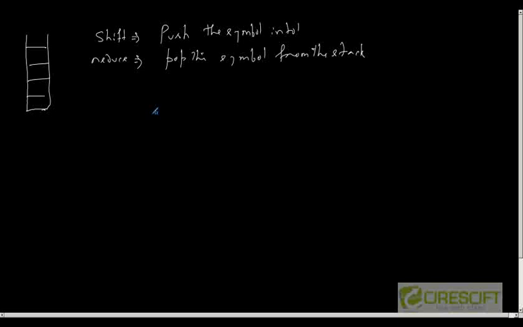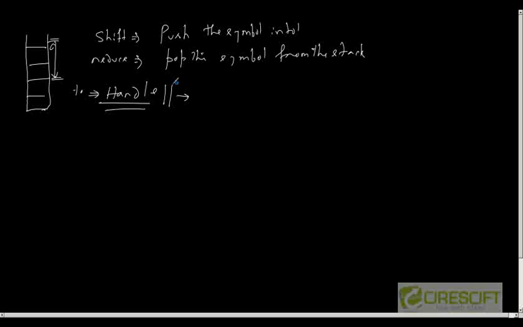Now, to decide when to shift and when to reduce, we have introduced the concept of a handle. This handle is a substring, a string of grammar symbols, which when present on the top of the stack tells me that I need to go for a reduce action.